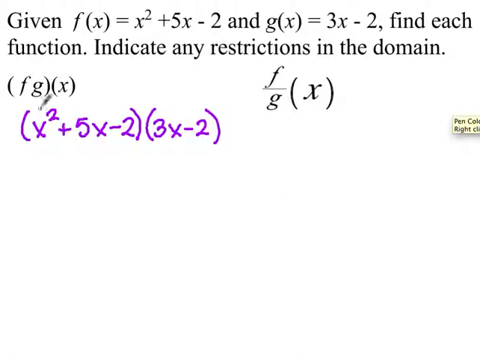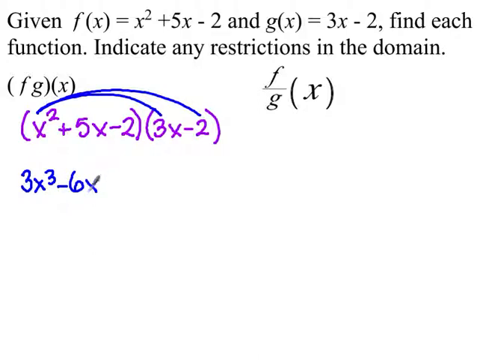I just distribute that x squared to each term here, and I get 3x cubed minus 6x squared. What do I do now? Do the 5x to each of these. So 5x times 3x is 15x squared. 5x times negative 2 is negative 10x.